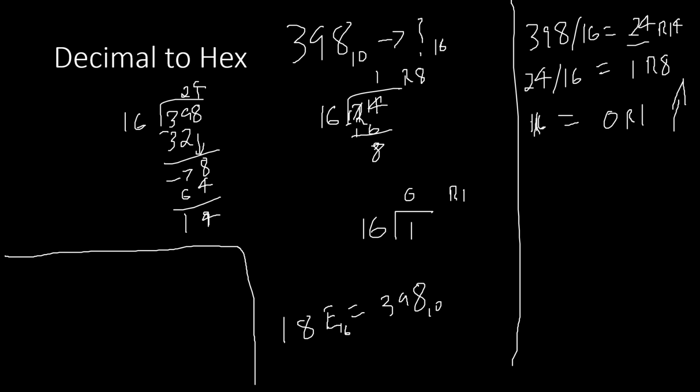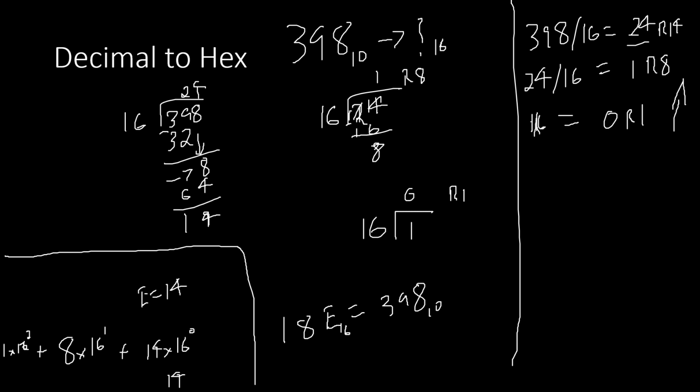And if we wanted to go back, we would do E, which is equal to 14. We would do 14 times 16 to the 0 plus 8 times 16 to the 1 plus 1 times 16 to the second. This is going to give us 14.